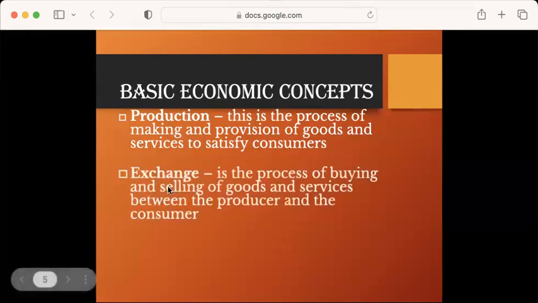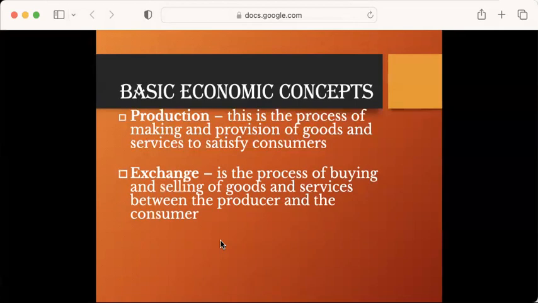All right. Exchange is another concept. The goods are produced by people called producers or manufacturers. Once they produce, these should reach the consumers. Reaching the consumers involves a process of taking and giving. Sometimes the producer may take money and give the goods. That exchange process is called trade, or sometimes a barter exchange.